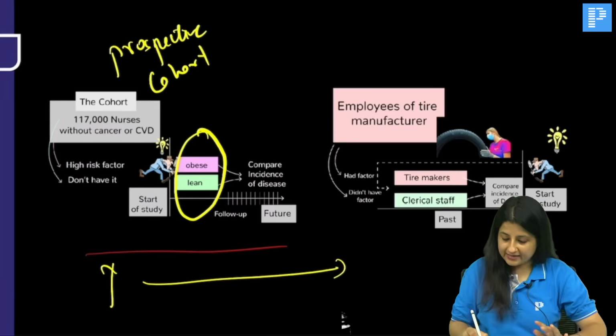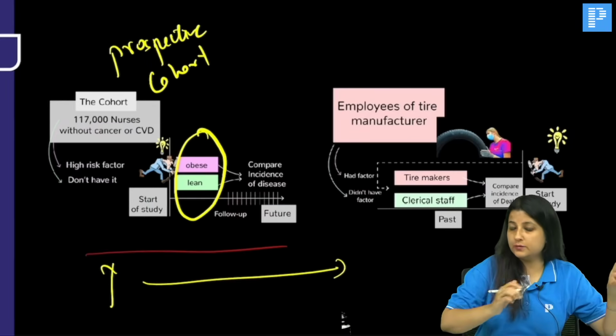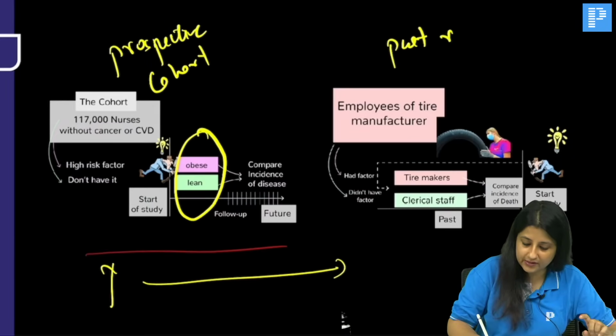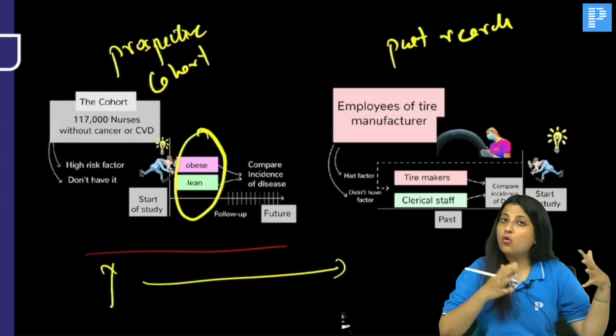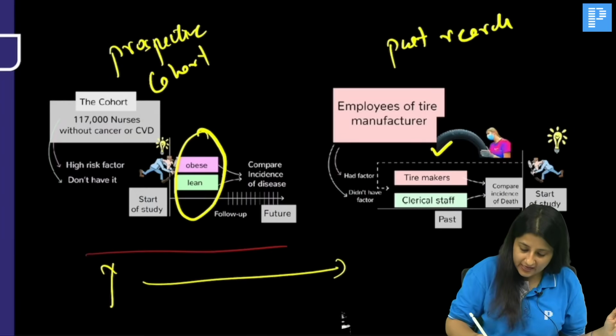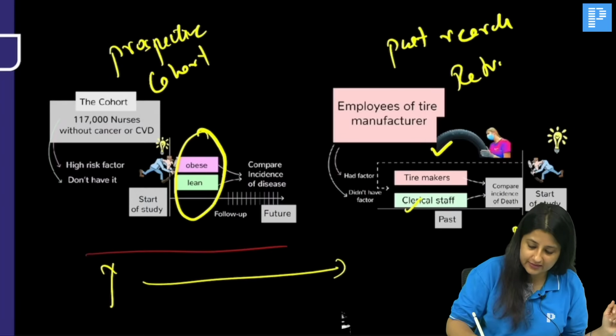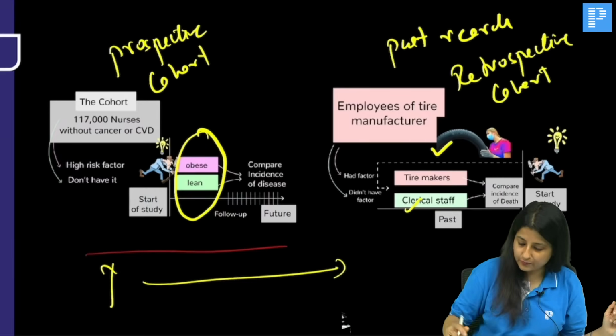But if you start at the present time, you use past records, old data, and you compare exposed and non-exposed, this is retrospective cohort.